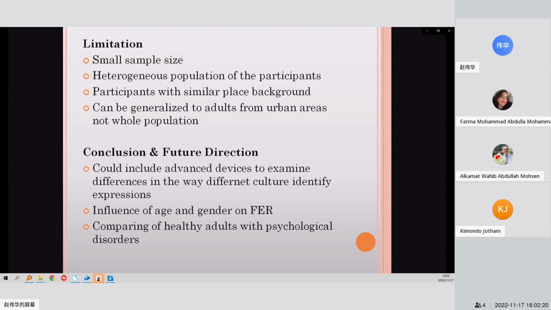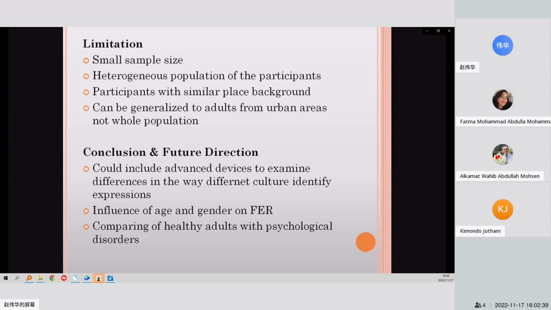Another thing that could be done to extend this study in future is that it could be used to investigate the influence of age and gender on the FER.